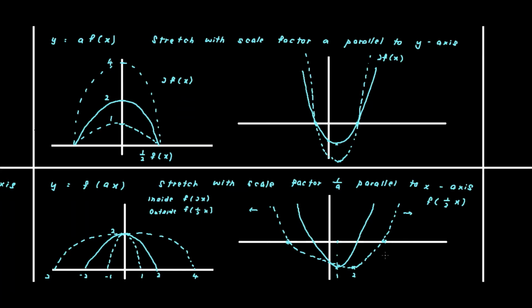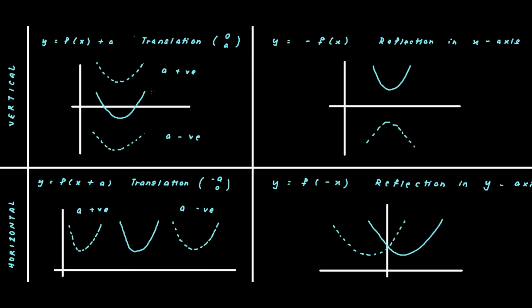So now let's look at a quick idea for the combination of our transformations. Something that might be helpful for you to remember is that for vertical transformation, the changes made will be on the f(x), or on the y. So if you want to do translation, it's f(x) + a. Reflection is -f(x).